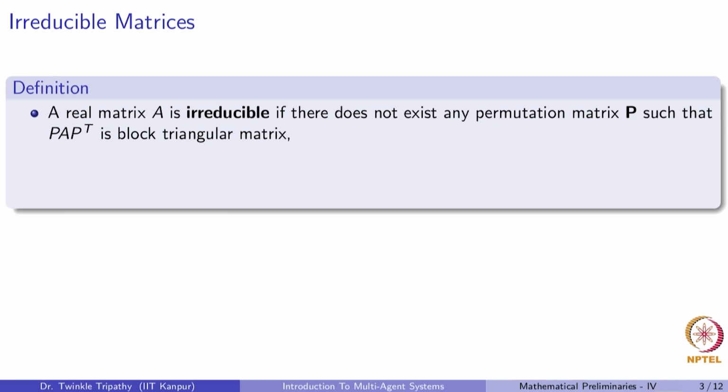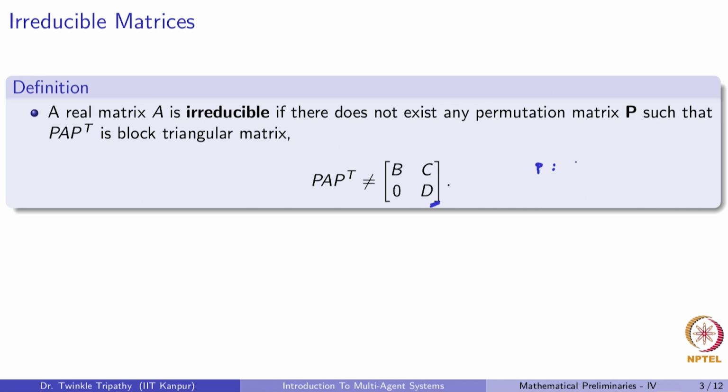So what is the definition of an irreducible matrix? A matrix A is said to be irreducible if, first of all, it's a real square matrix, and there does not exist a permutation matrix P such that whenever we do the operation P A P transpose, it becomes block triangular. Such a P should not exist. What is P?